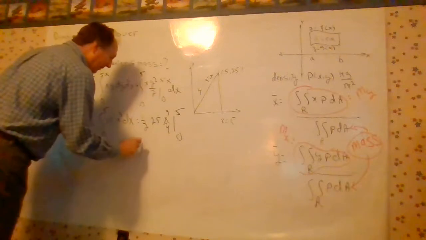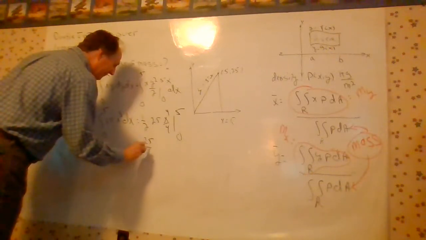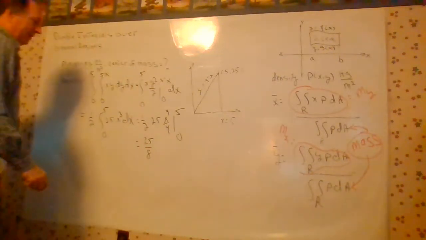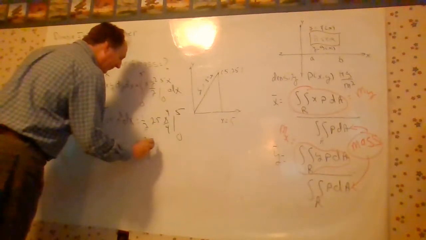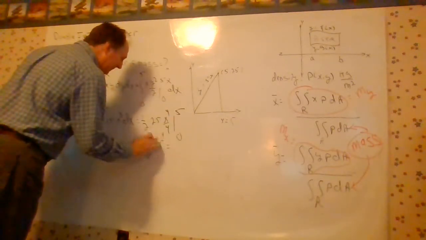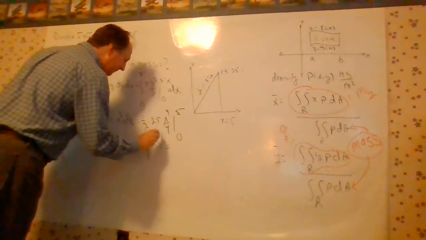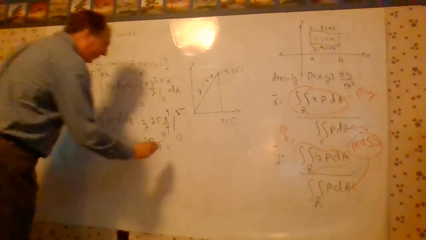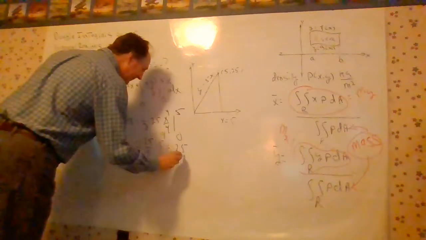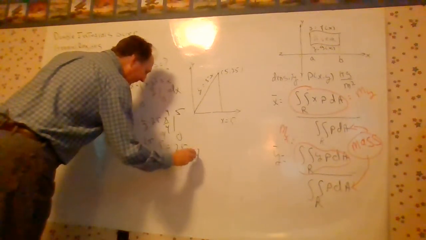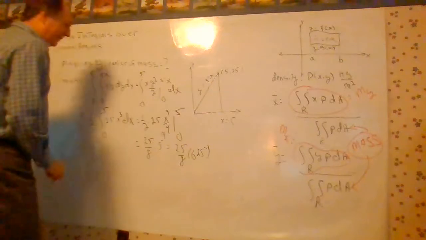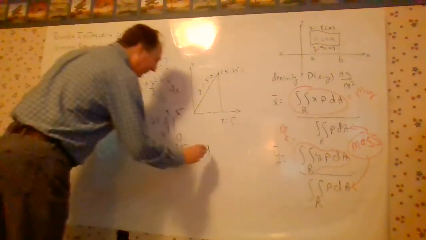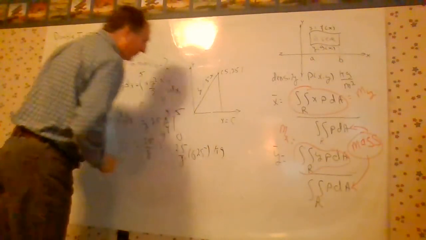And you can bring the 4 out. We get 25 over 8. And then 5 to the 4th power. And 5 to the 4th power is 625, so you get 25 over 8 times 625. And that's mass, that's going to be kilograms.